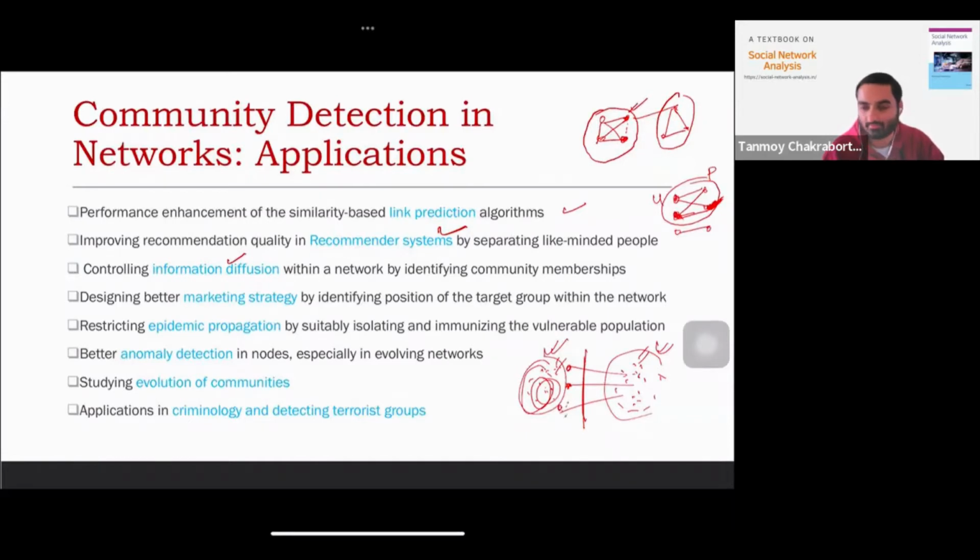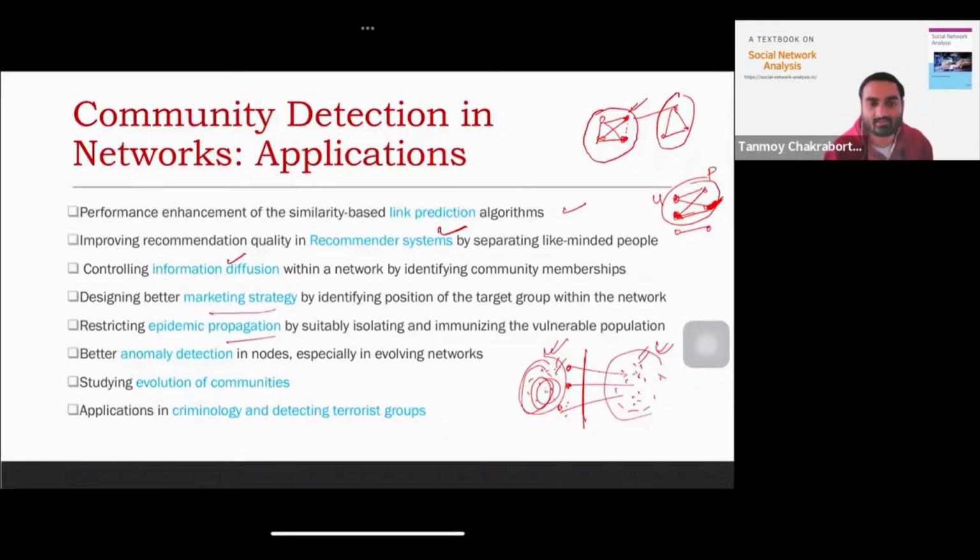And this is also important from the perspective of epidemic spreading. When you know the community structure, you want that a particular virus should not move from one community to another community. You try to vaccinate those nodes or links which connect the two communities. So the information of the community structure is very important.